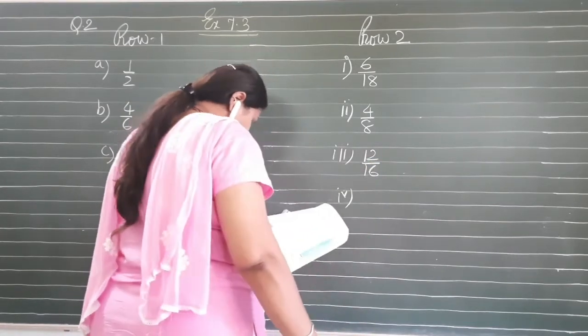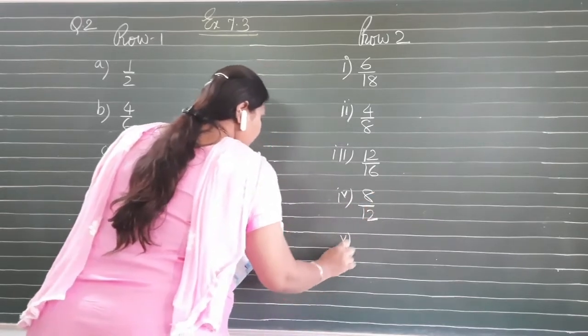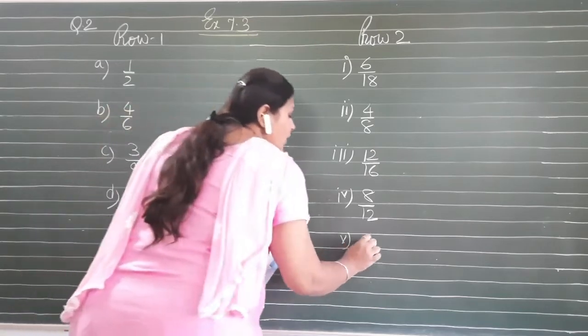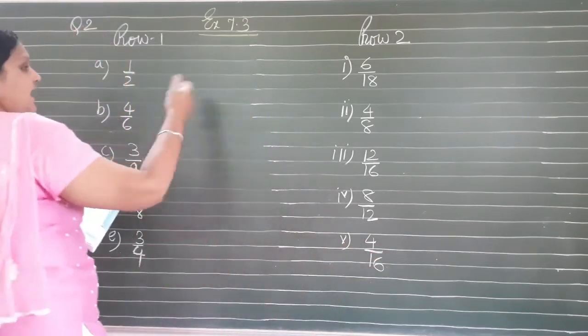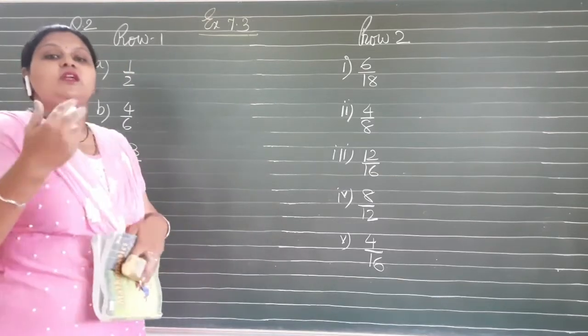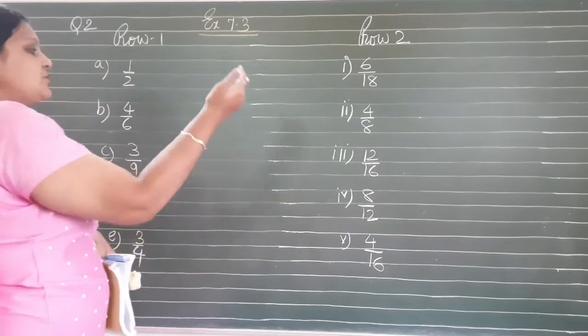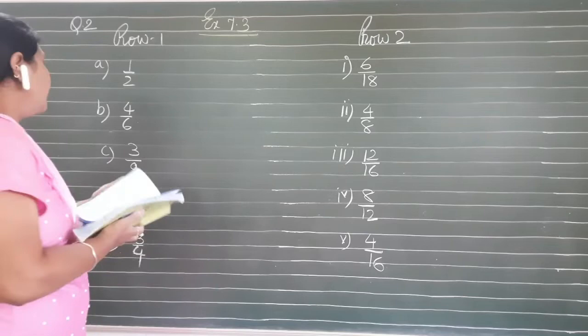Fourth one 8 upon 12. Fifth one 4 upon 16. Now here we cannot see any equal fractions. So we need to convert these fractions into their simplest form or the lowest term.